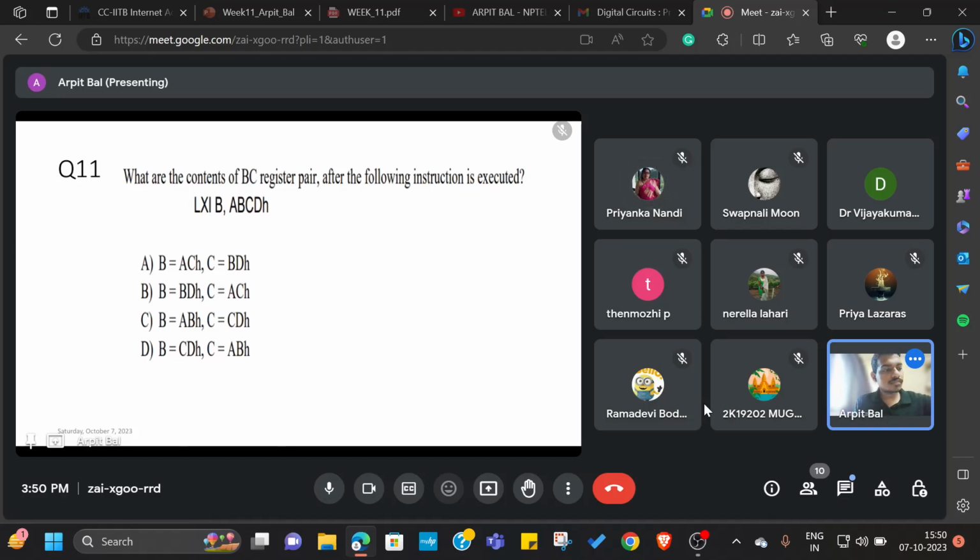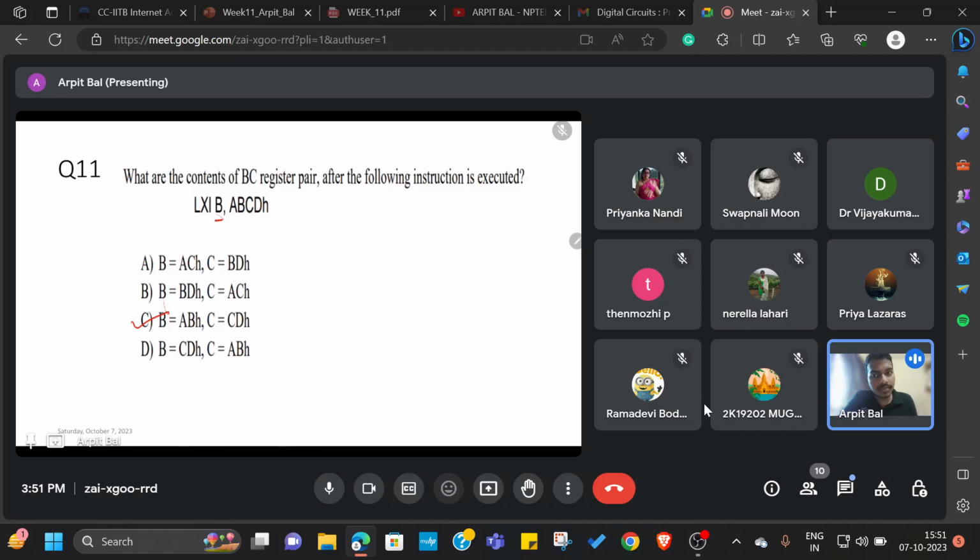Sorry, did anyone give an answer? Option C. Yes, option C is correct. The LXI instruction is used for loading the 16-bit address into the register that is mentioned here.